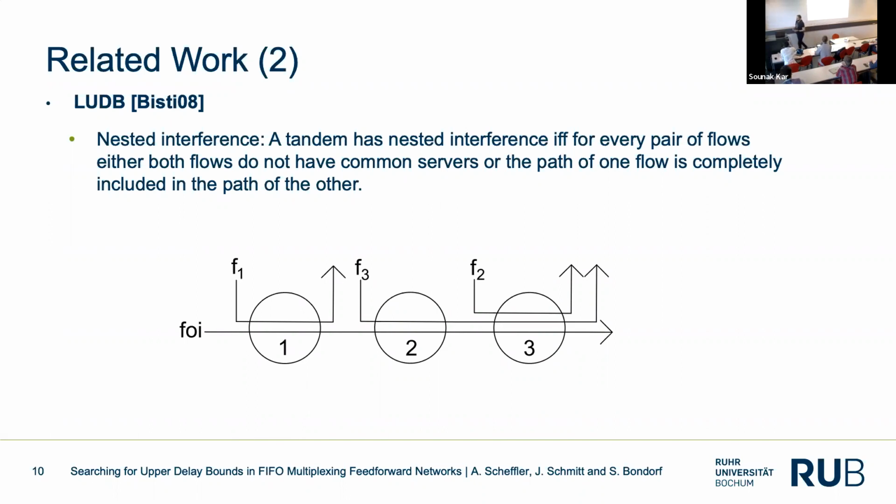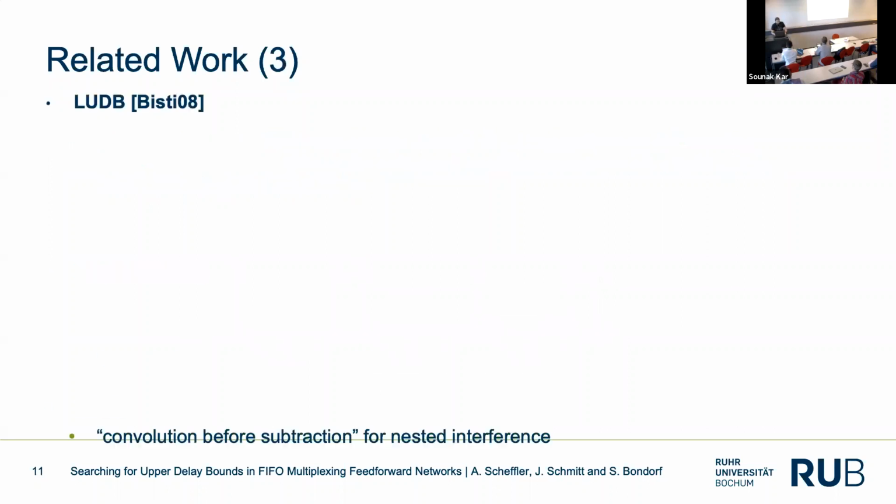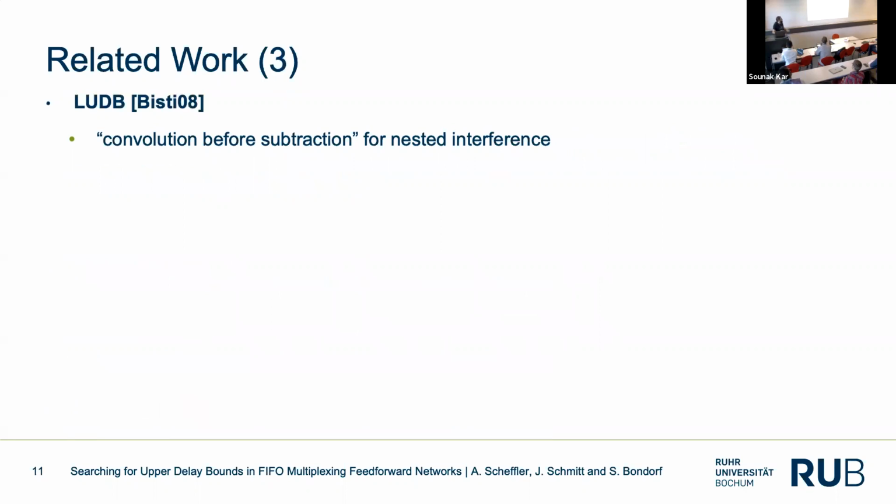Then we can simply first subtract the arrival curve of F2 from beta 3, then we can convolve, and then we can subtract from the convolved leftover service curve for servers 2 and 3 the interference of F3. This is basically what I just said: convolution before subtraction.